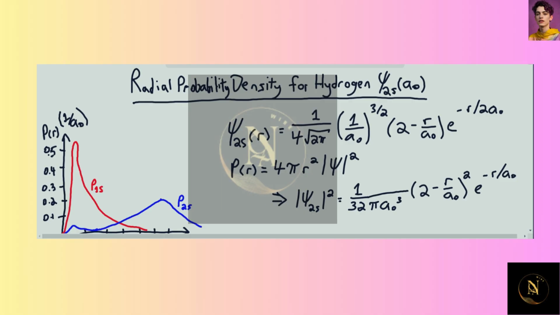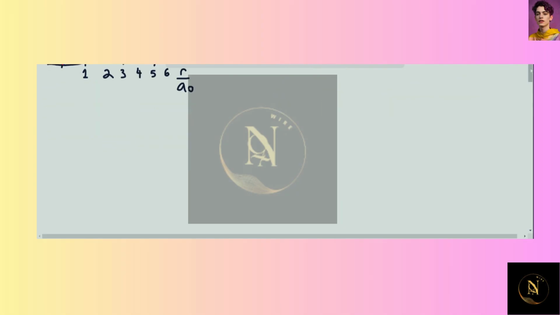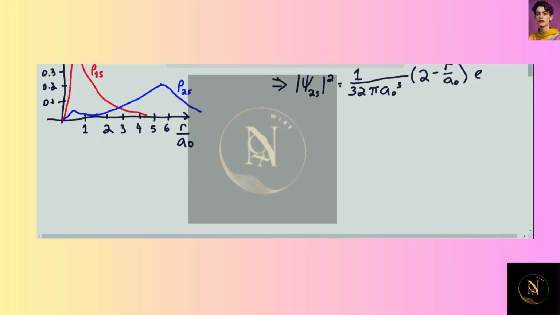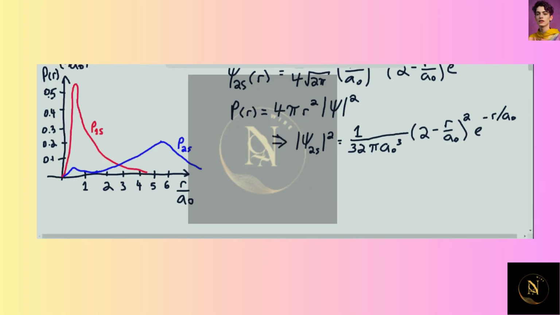But in this problem, we're going to find that the most probable location is actually closer to 5.3 times the Bohr radius, unlike the case of the psi 1s state where the Bohr radius is the same as the most probable position. So that's kind of the point that this problem wants you to uncover through calculation.